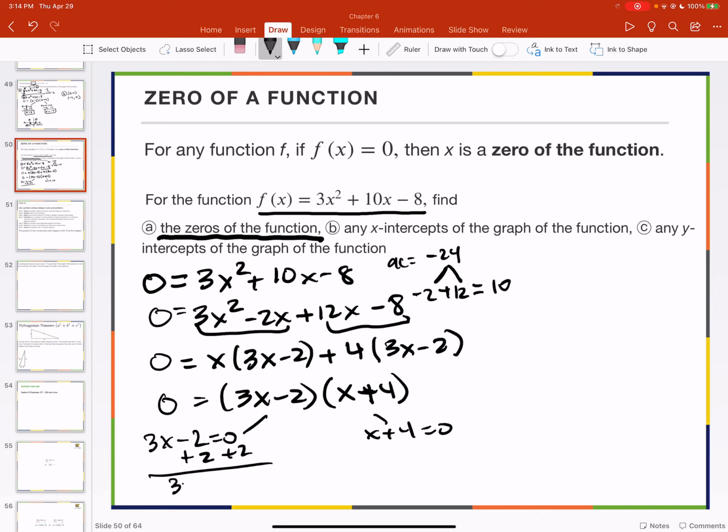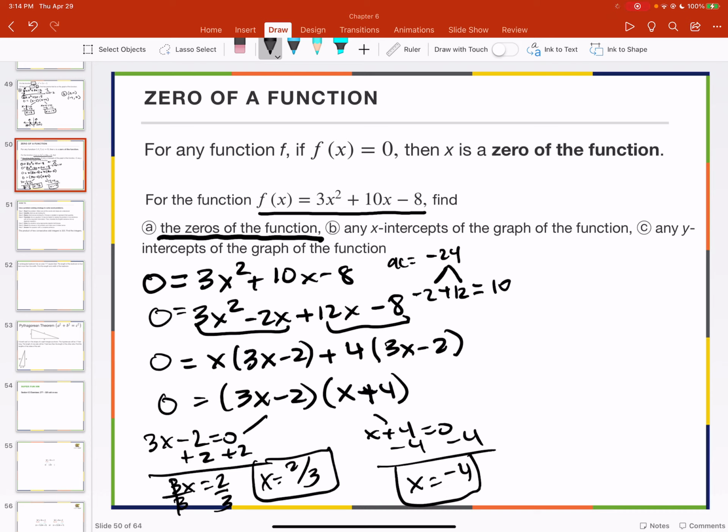We get x is equal to 2/3, and x is equal to -4. So those are our zeros. Okay, so the zeros are -4 and 2/3. That's the same as the x-intercepts. So the x-intercepts are the same thing. So you have 2/3, comma 0, and -4, comma 0. So that one's easy.